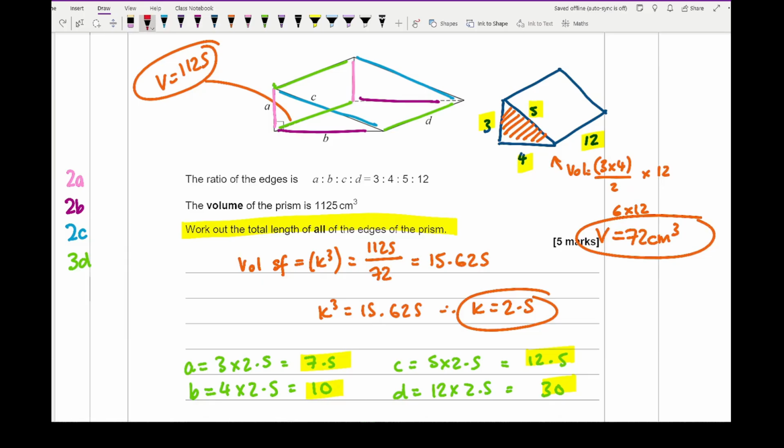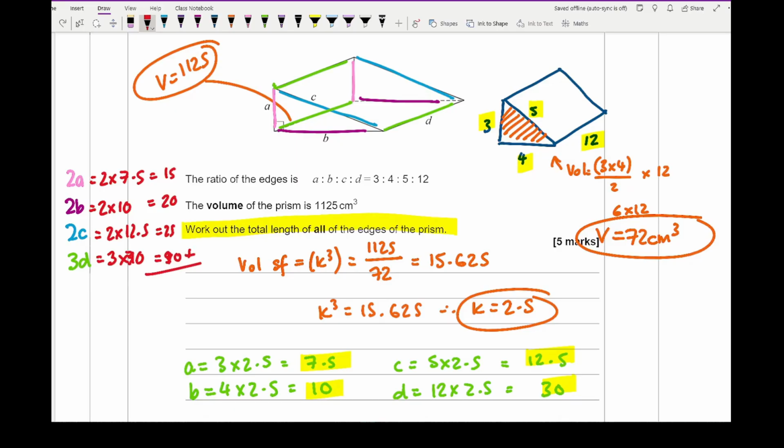So looking at those edges, 2A is going to be 2 times 7.5. 2B is going to be 2 times 10, 2C is going to be 2 times 12.5, and 3D is going to be 3 times 30. So this then becomes 15, this becomes 20, this becomes 25, and this becomes 90.